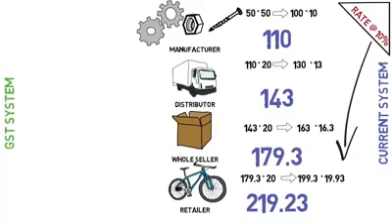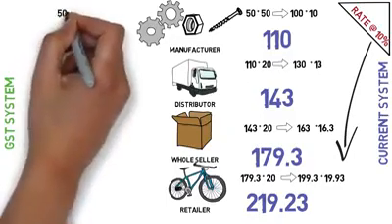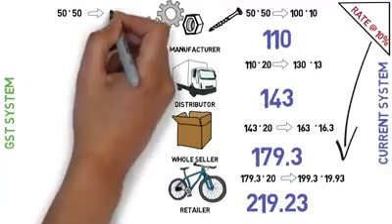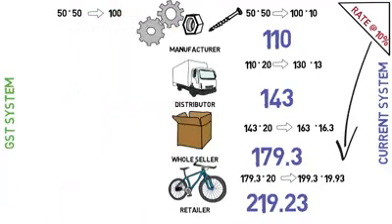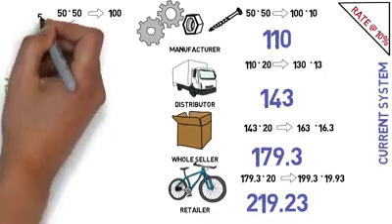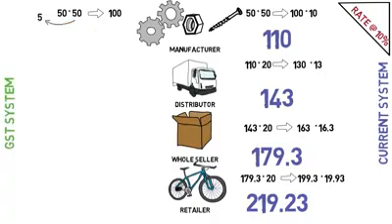Now we will take the same example in the GST system. Raw material of 50 rupees and the manufacturing value of rupees 50 make the product of 100 rupees. But this time, the manufacturer has to pay taxes on the value added by him, which is rupees 50. So he pays 10% of 50, which is 5, as tax from his profit.